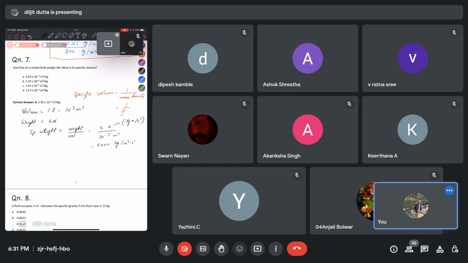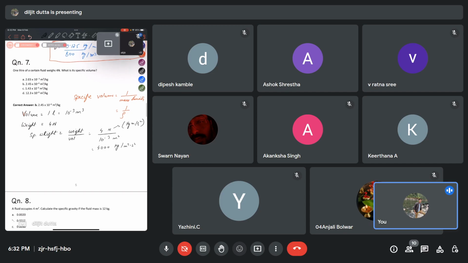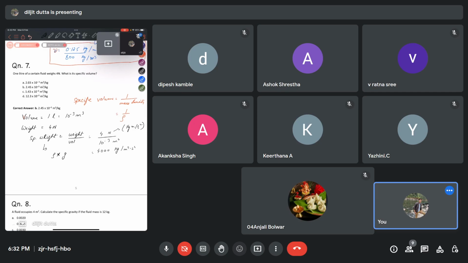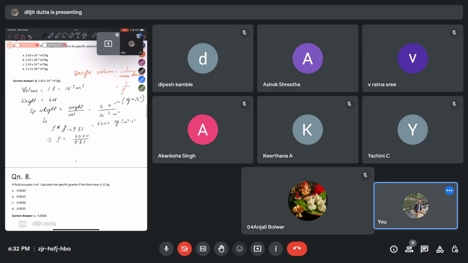If we have specific weight, the specific weight is also given as rho into g. This we have seen earlier also. You know the value of g, which is 9.81. So we get rho equal to 4000 by 9.81, and the units of density, mass by volume, are kg per meter cube.